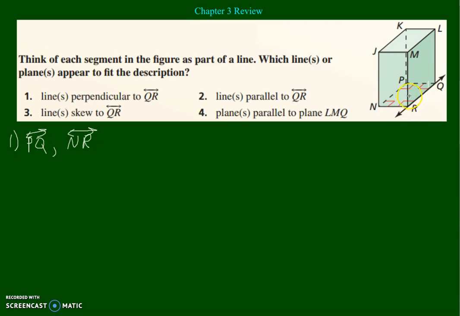So we're just going to say, for the sake of discussion, that this and this side are perpendicular. And in fact, according to the author's answers, yes, MR and LQ are perpendicular to line RQ. So we have line MR and line LQ.